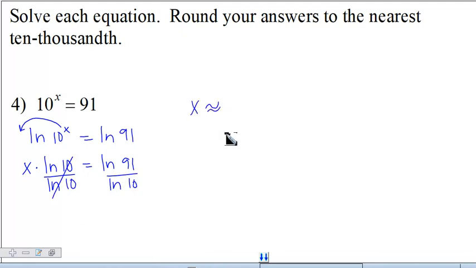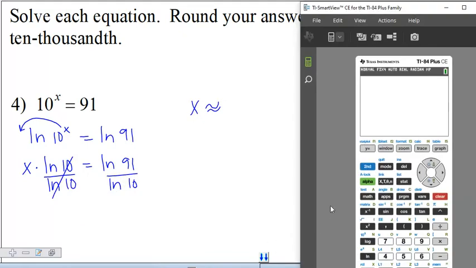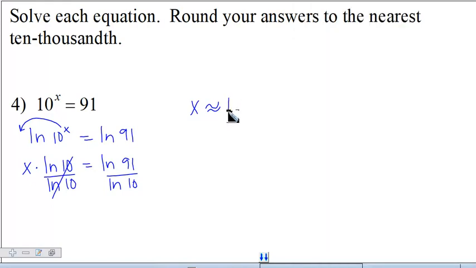Again, you'll want to pull out your calculator in order to do this. So I've got ln of 91 divided by ln 10. My final answer is 1.9590.